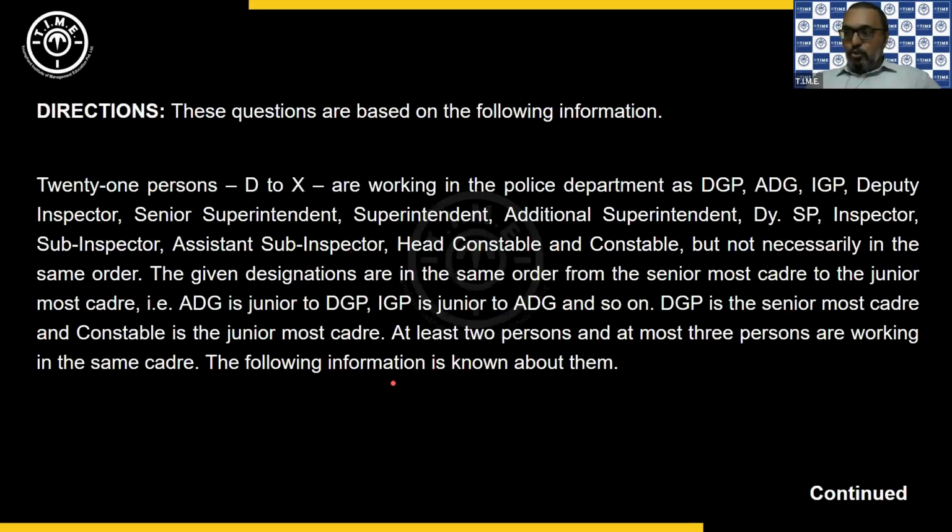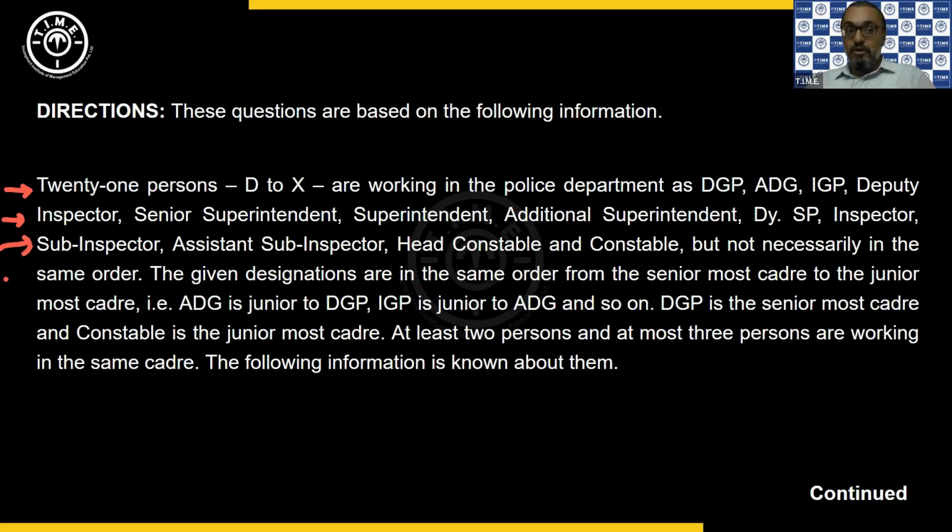So those were the questions you have in that set. Now let's go with the next one. It says 21 persons D to X are working in the police department as, you can see there are many designations given here: DGP, ADG, IGP, Deputy Inspector, Senior Superintendent, Superintendent, Additional Superintendent, Deputy Superintendent, Inspector, Sub-Inspector, Assistant Sub-Inspector, Head Constable, and Constable.